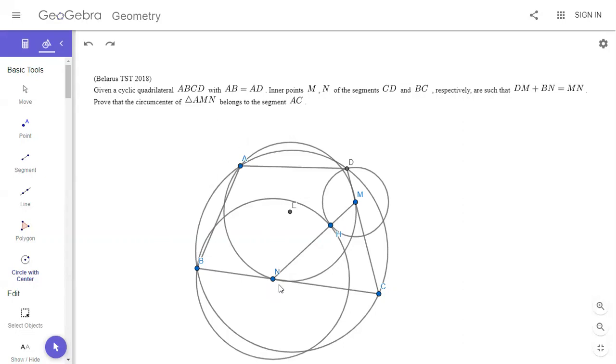So angle ANB, so basically I want to show that A is like the excenter of triangle MNC. Is that true?